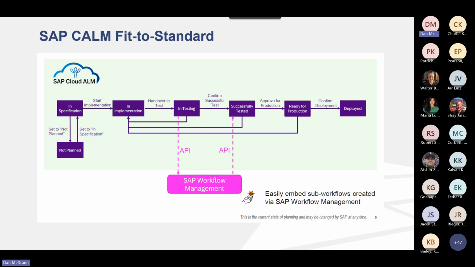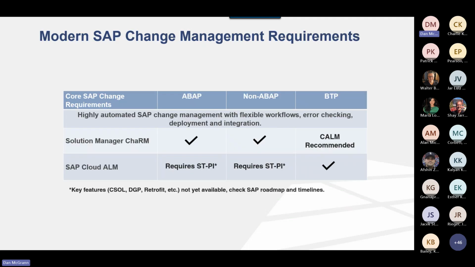And then another thing to think about is additional testing would be required anytime COM gets updated or this SAP workflow management solution gets updated. So you'd have to plan for those situations as well. So that's the summary of what's changing.